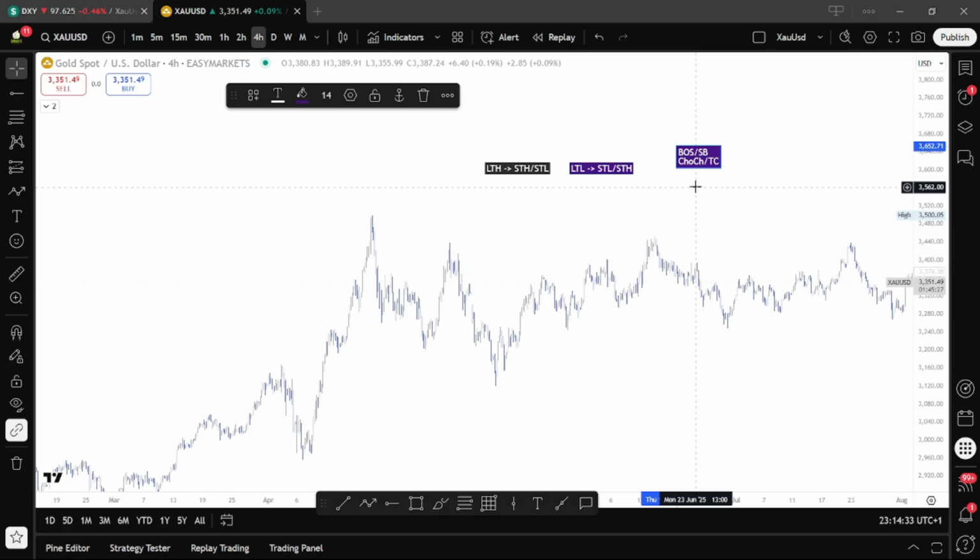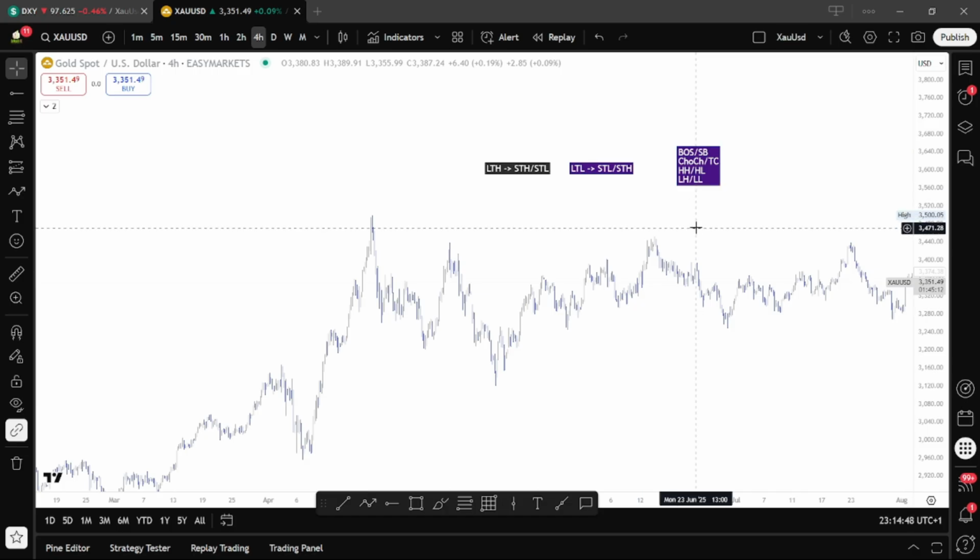Then there are higher highs slash higher lows, and lower highs slash lower lows. I do not want you to be confused by these. They are simple. These are just terminologies used to describe the structures of the market to make it readable and understandable. This is just a basic introduction to market structure.